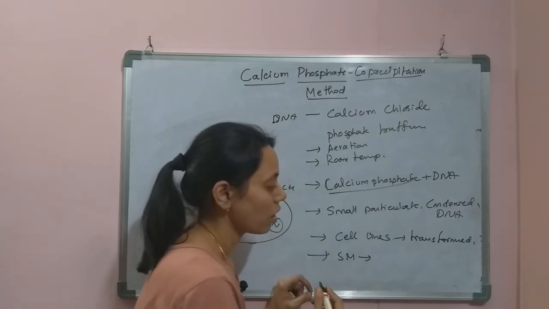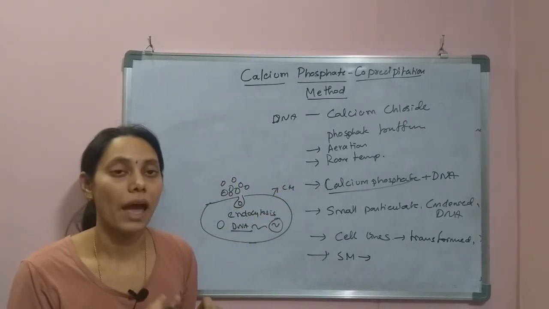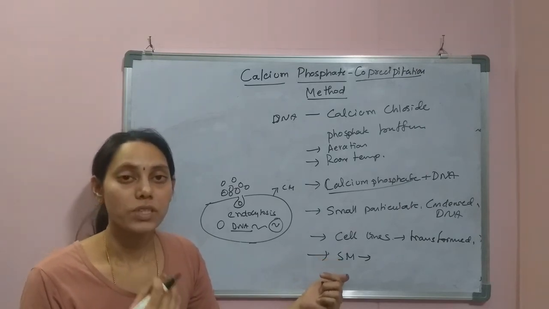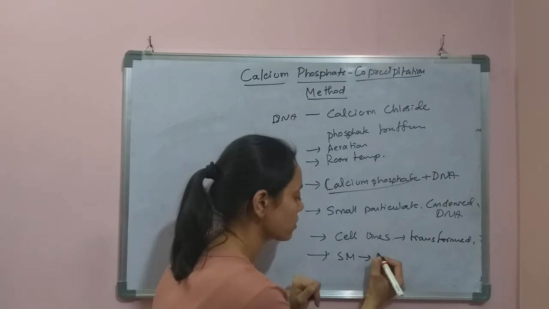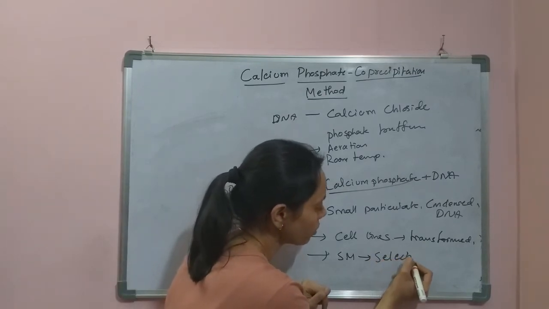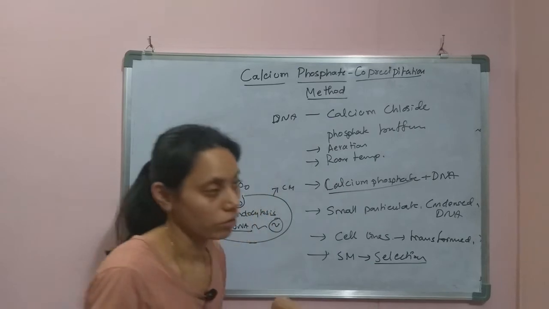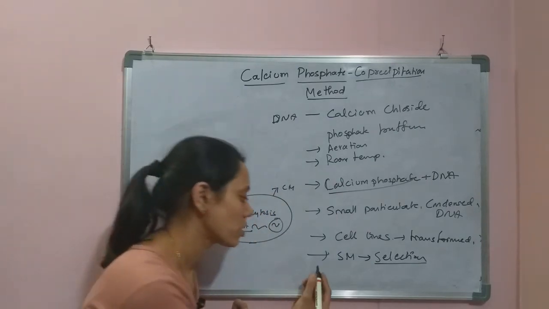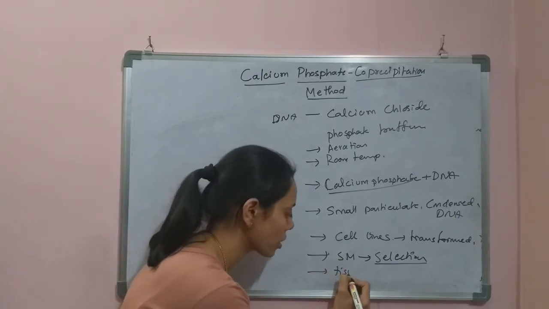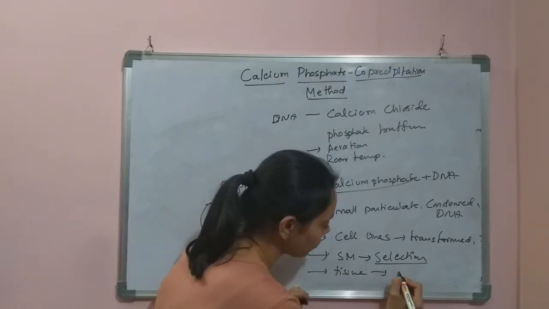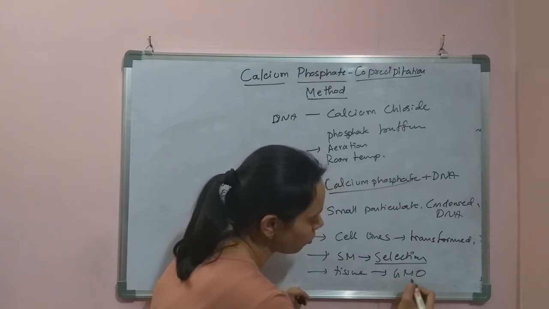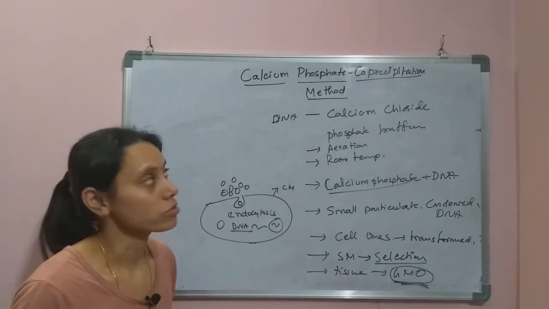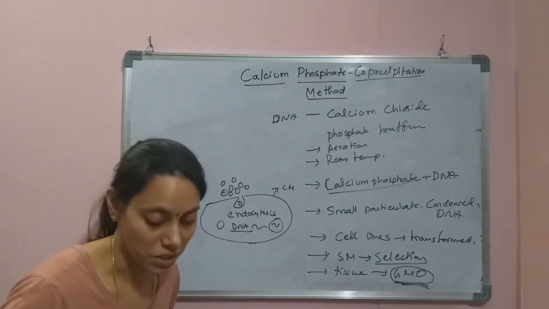Selectable markers are the genes which are tagged with the target DNA, and those help us to select the transformed cells. So once this transformed cells are selected among the non-transformed cells, we need to go for tissue culture again to obtain a full-grown genetically modified organism. So this is what the process of calcium phosphate co-precipitation method is.